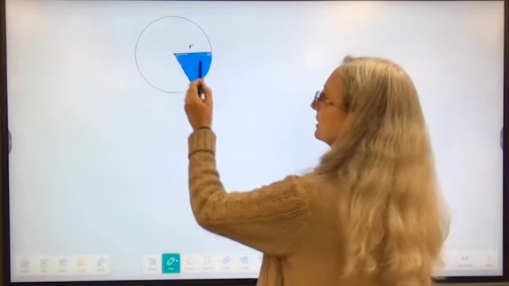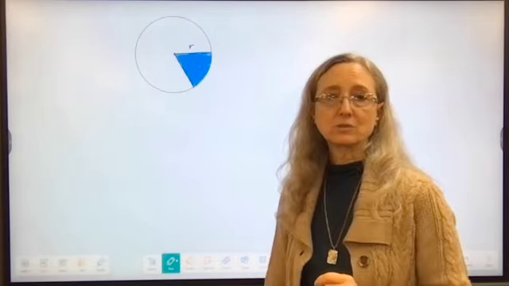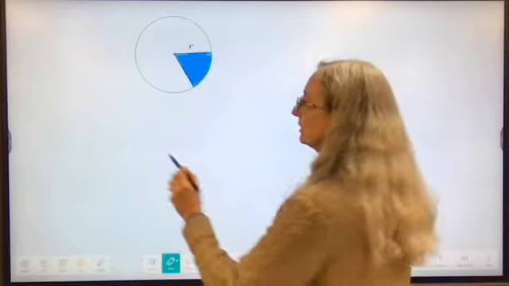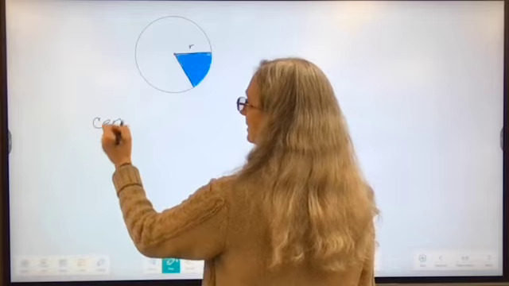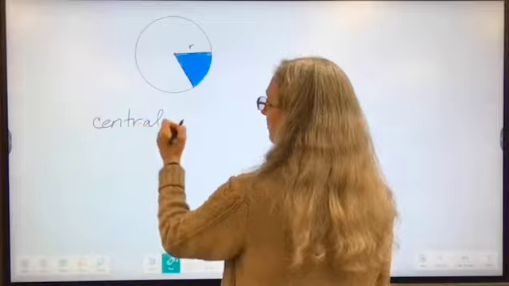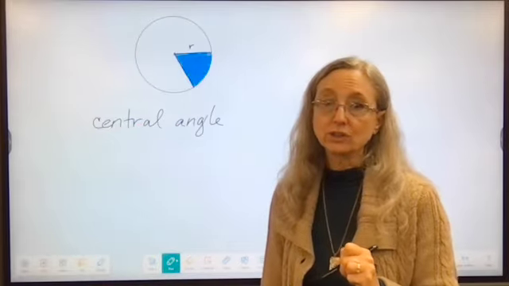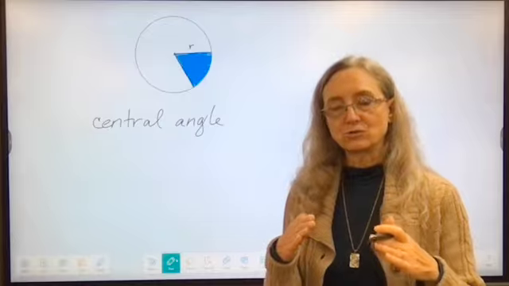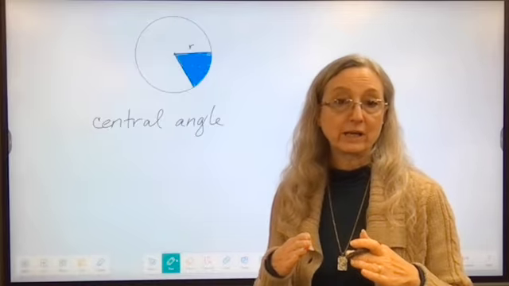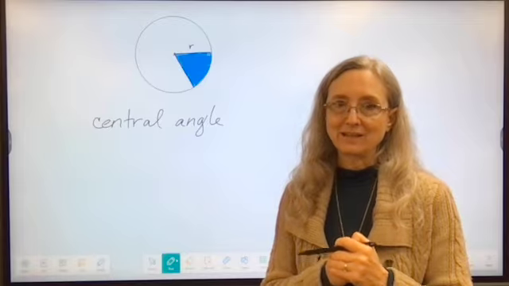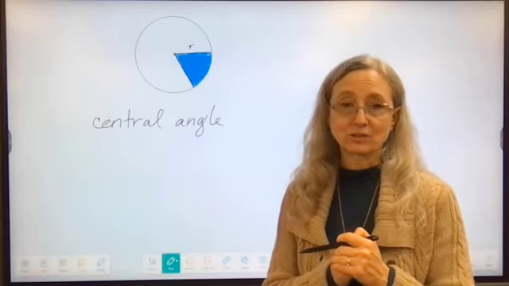This angle that's created by these 2 radii right here is called a central angle. And it's a central angle because its vertex is the center of the circle and its 2 sides are 2 radii of the circle. That makes it a central angle.